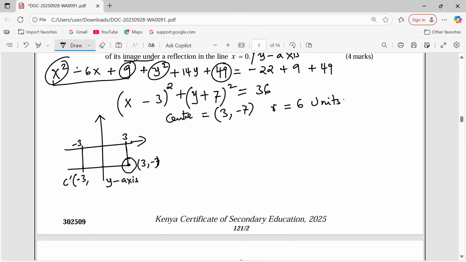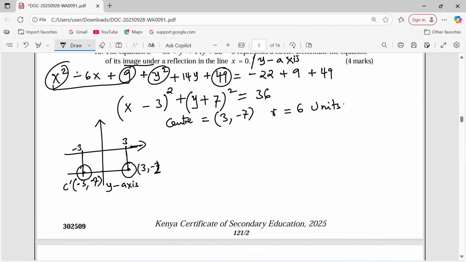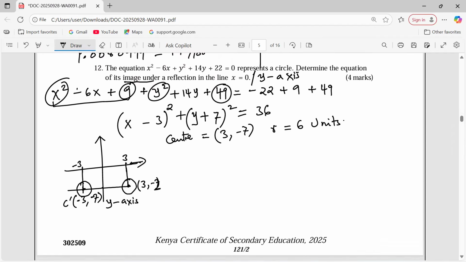We have 7 units on the lower side from the x-axis, and it shall still be the same units on the lower side. So the center shall just be transported to this side, and the circle will be there. That's what reflection is. We just take it to the other side. Therefore, the new center shall be (-3, -7). The new radius shall be 6.